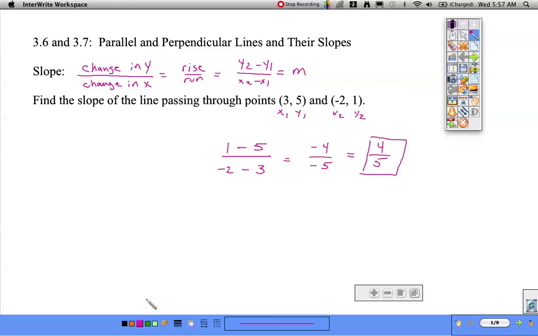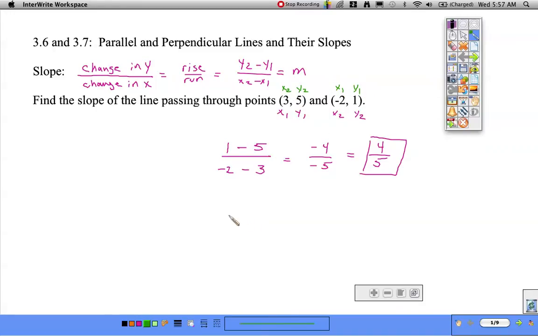Now I always get the question, does it matter what I use for x1 and x2? It doesn't. If I had wanted to call this x2 and y2 and this x1 and y1, it doesn't matter. What matters is you leave the 2's together, x2, y2, x1, y1. That's the important part.